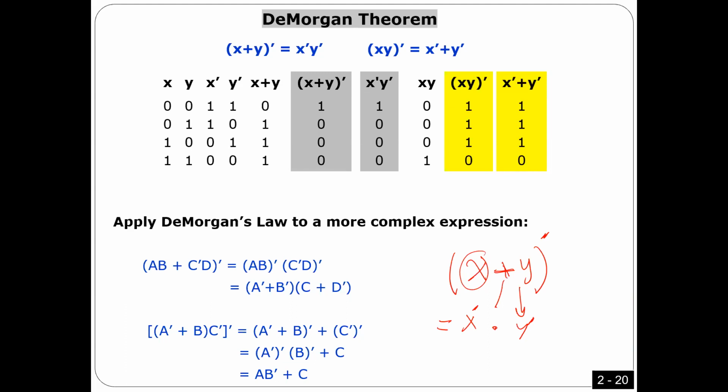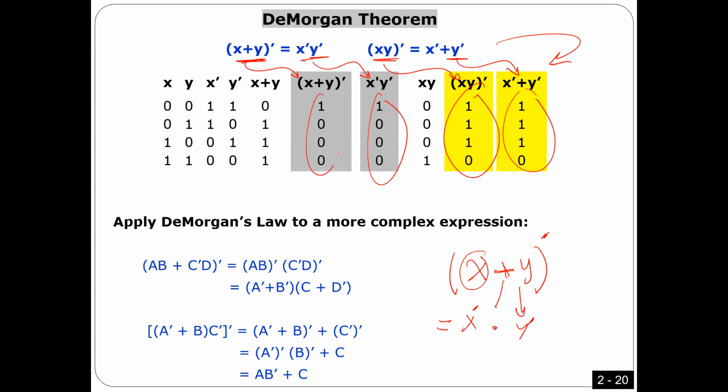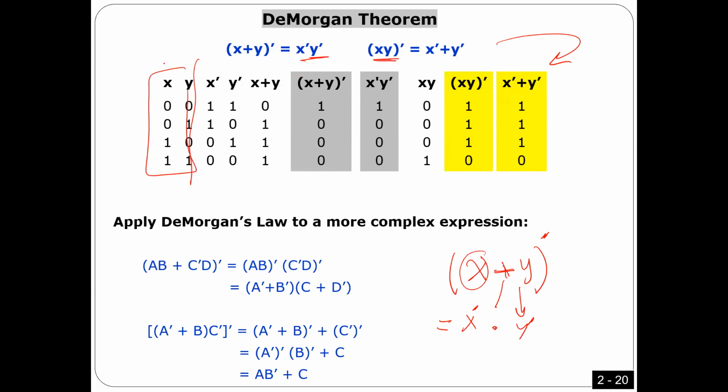Again, in order to prove it, I created a truth table here. In the truth table, as you see, I made a table for this one, this one, this one, and this one. And I found these two are equivalent, and these two are equivalent. But how? Look here, I have X and Y. How do you calculate this one here?